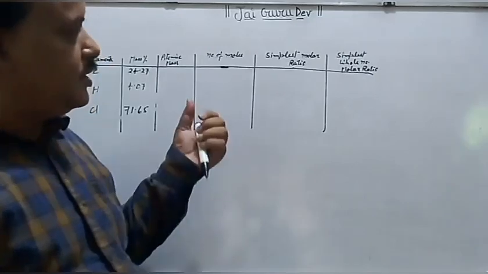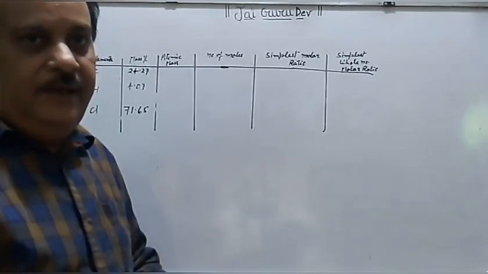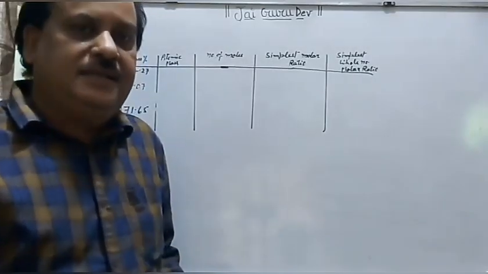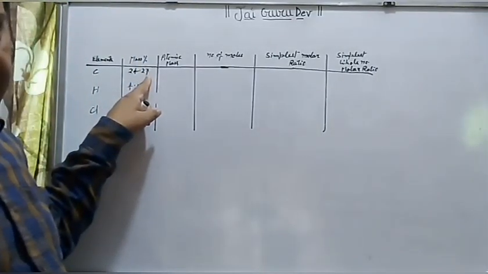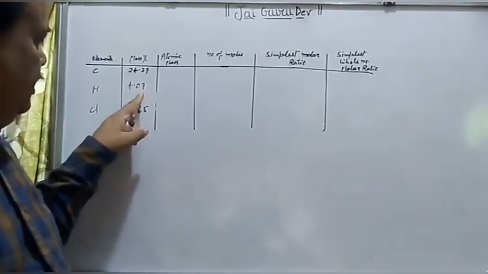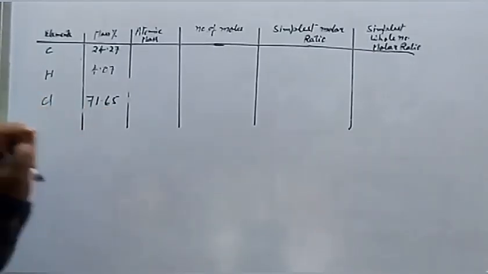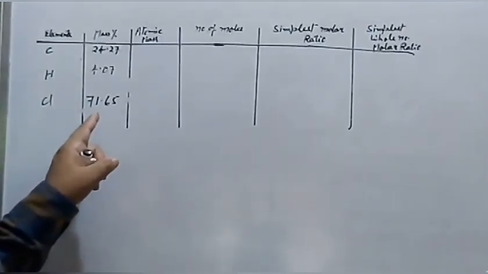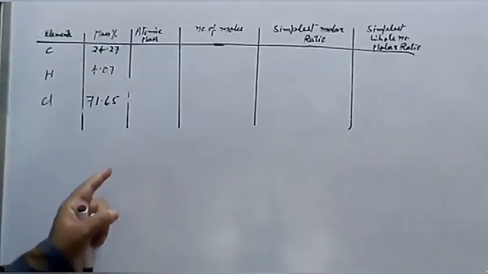Yes, students, this is the example question of NCERT. A compound contains 24.27% of carbon, 4.07% hydrogen, and 71.65% chlorine. Its molar mass is 98.96 gram.